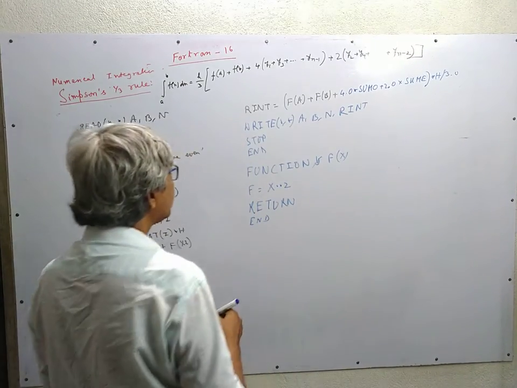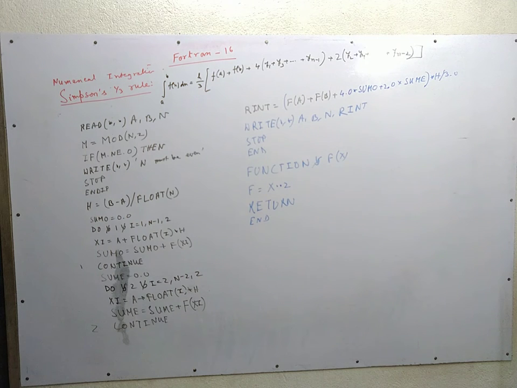This completes the Fortran program using Simpson 1/3 rule. Again, there is a limitation of the program. The limitation is that this program calculates the value of the integral for a given value of n and takes no care about the convergence of the result. As I have stated in the earlier class, convergence may be taken care of either by increasing n till the desired level of accuracy is achieved.